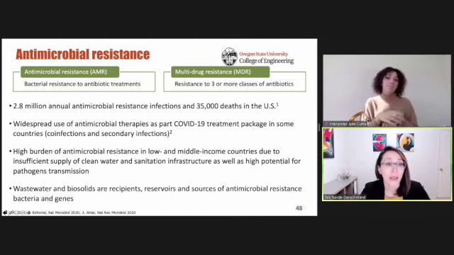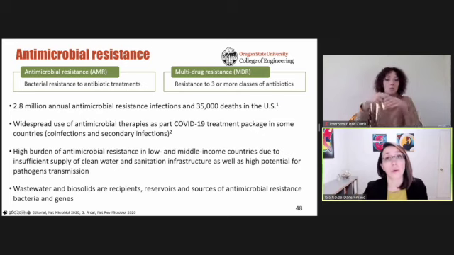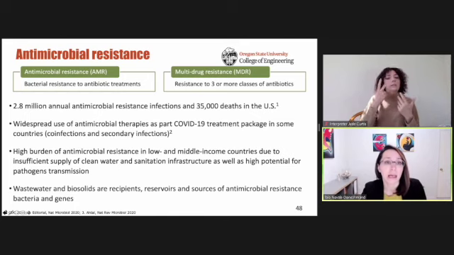The widespread use of antimicrobial therapies during the COVID-19 pandemic is reported to have increased in some countries. And this increase in antibiotic treatments during the COVID-19 pandemic is generally due to co-infections and secondary infections.